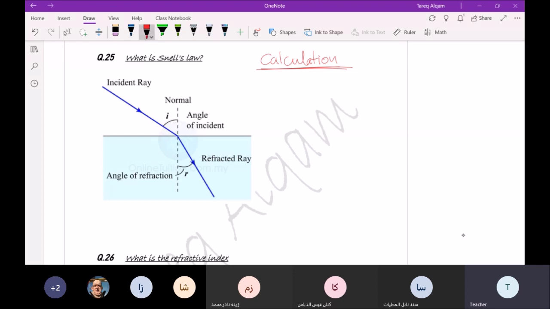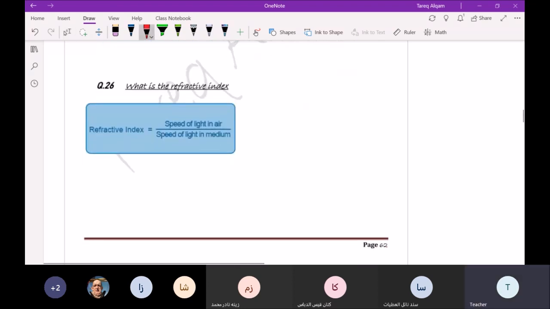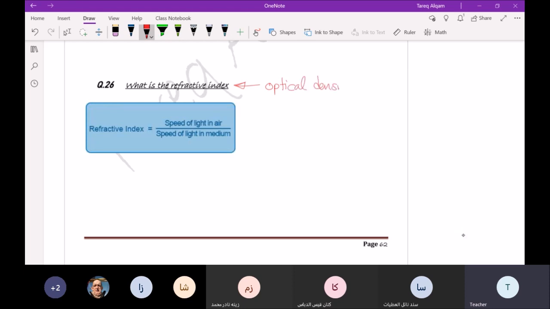To make a calculation, we have something called the refractive index, or optical density. Okay guys, refractive index or optical density. This refractive index will show you the density of the medium relative to the light.